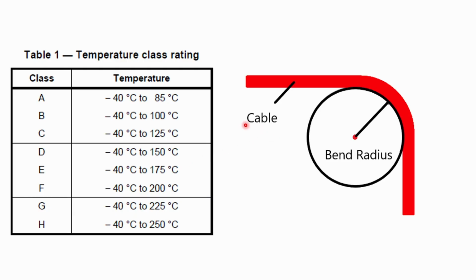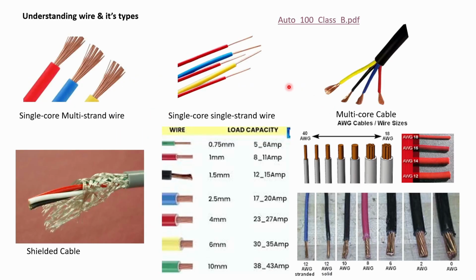Another important factor in the wire selection is the bending radius of the wire. So the bending radius, as given in this picture, is nothing but the desirability of the wire to get bent. As we discussed, the single strand wire is not very flexible, and the bending radius is higher because of its single core construction.